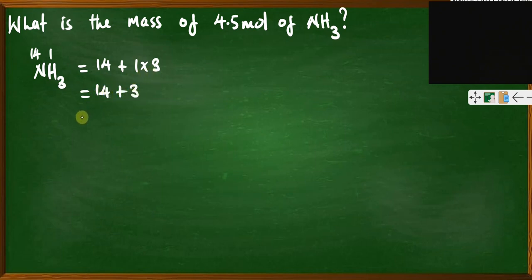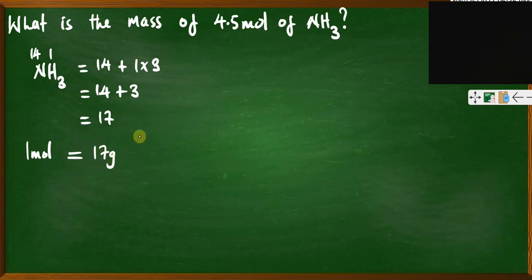I'll add 14 plus 3, which will be 17. So 1 mole of ammonia is equal to 17 grams. You put units.